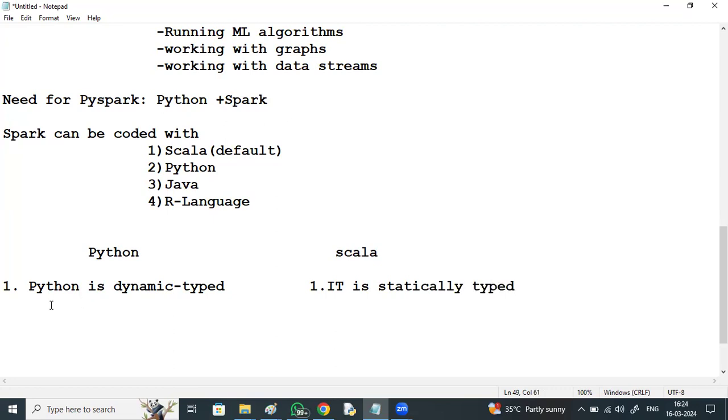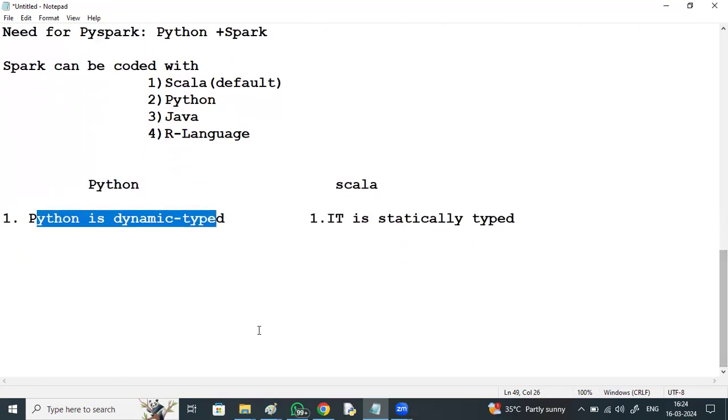Dynamic type means we need not define any data types. In Python, with x = 10, what kind of variable x is depends on the value you assign.